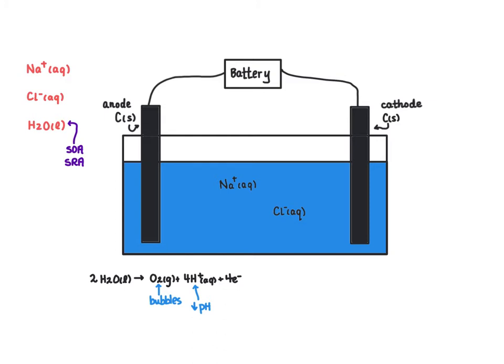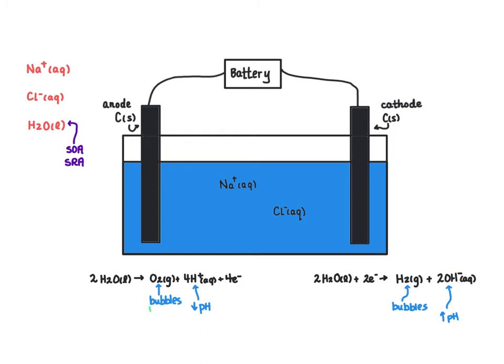At our cathode, where we see reduction of water, we would expect to see hydrogen gas and hydroxide ions. And so in terms of observations, we would expect to see bubbles from the hydrogen gas and an increase in pH from our hydroxide.